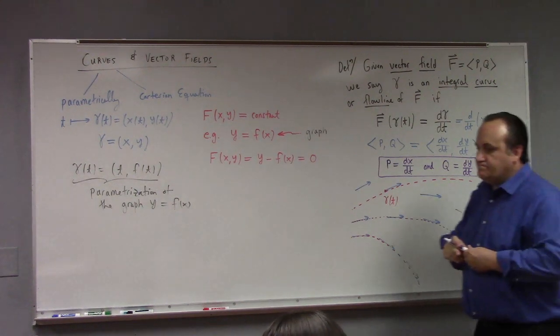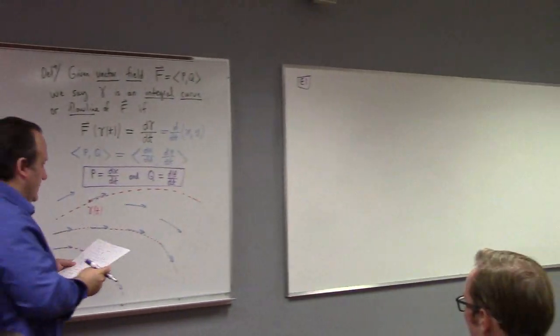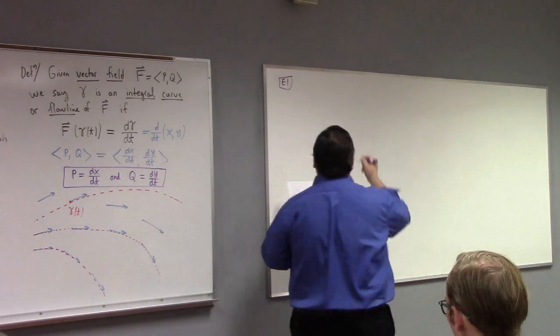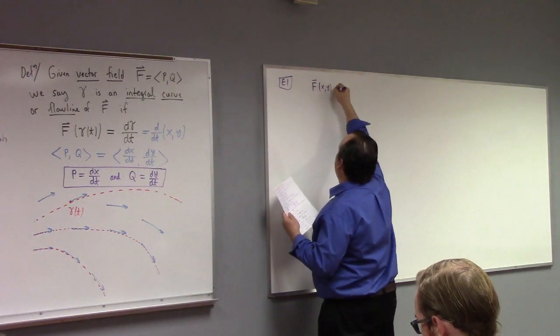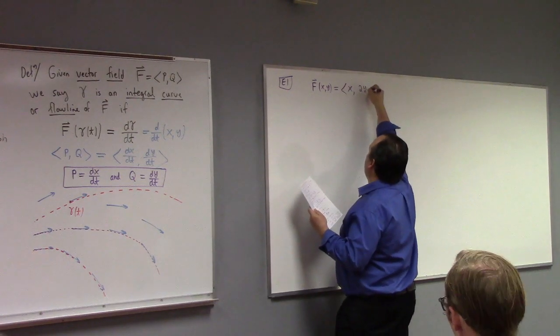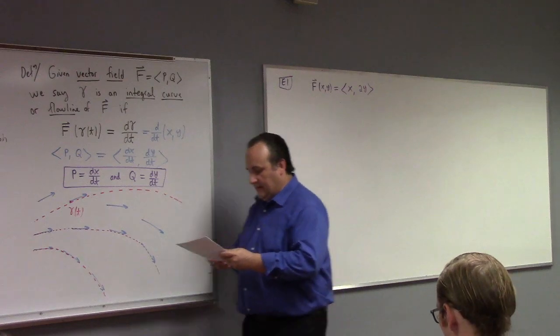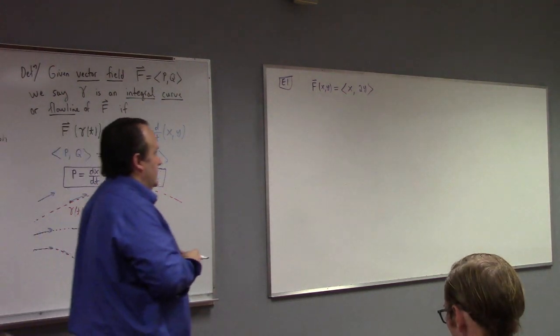Example 1, let us take a look at the vector field F, which at x comma y is equal to x comma 2y. All right, let's find the integral curves of this. So what do we have to solve?